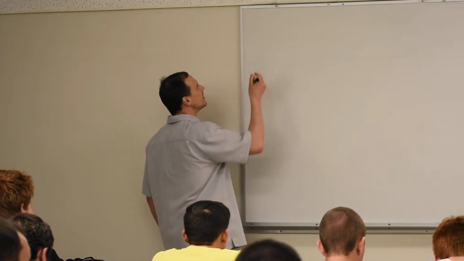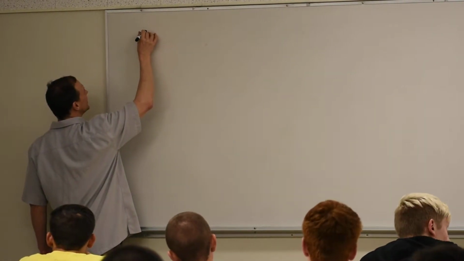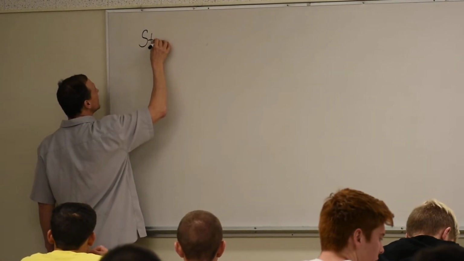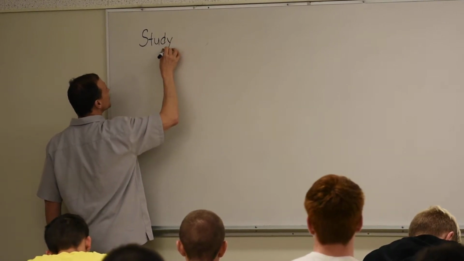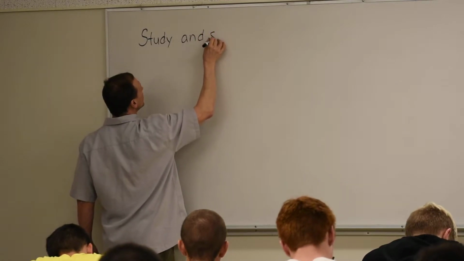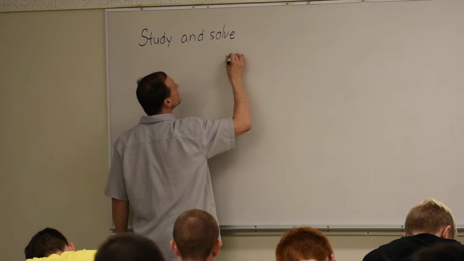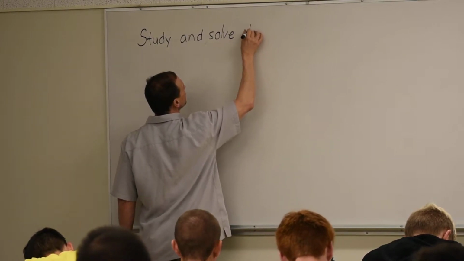We're done. So now, we're going to spend the rest of our time today taking a look at the equation itself. So now what we want to do is study and solve this equation.